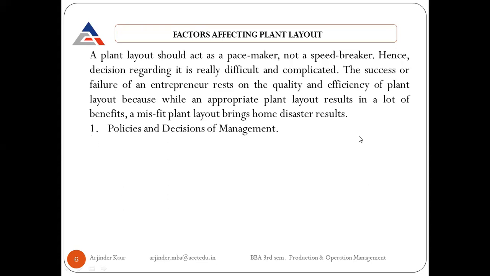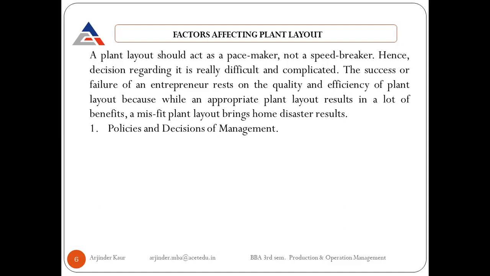So the factors that affect plant layout are, first of all, the policies and decisions of the management. The policies and decisions of management can considerably affect the plant layout decisions. In all enterprises, major policy decisions are taken by the management only.